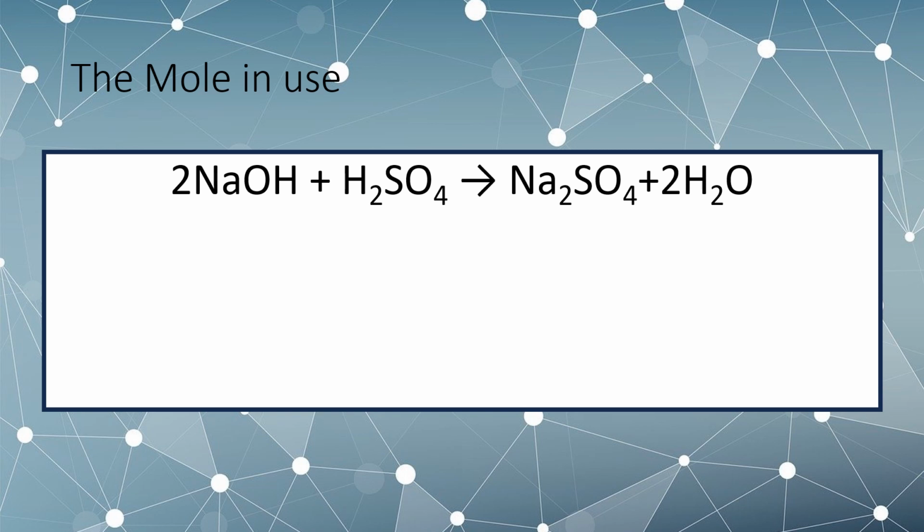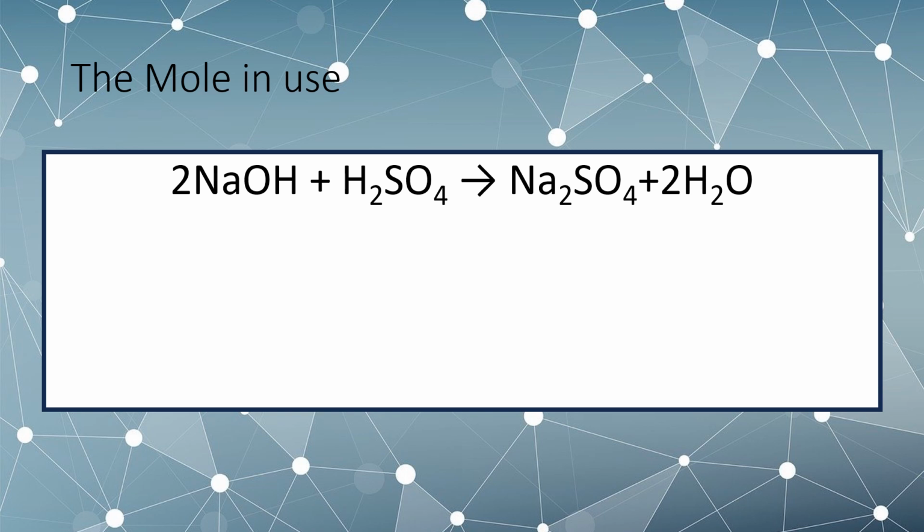The mole has many uses in chemistry and will be used throughout much of your studies moving forward into more complex chemistry. Looking at a brief example below of how it might be used in discussion, let's look at a chemical reaction. In this reaction, we have sodium hydroxide reacting with sulfuric acid to produce sodium sulfate and water.